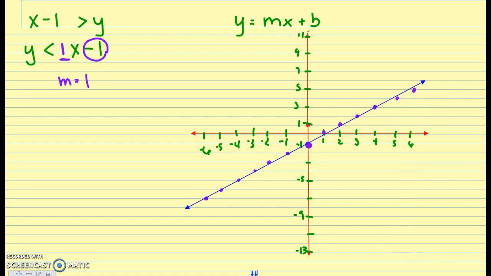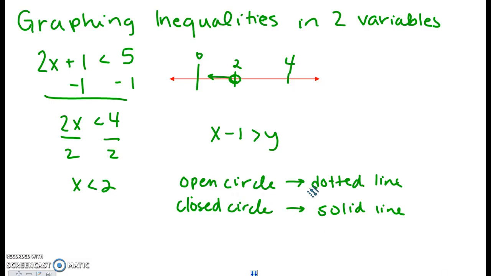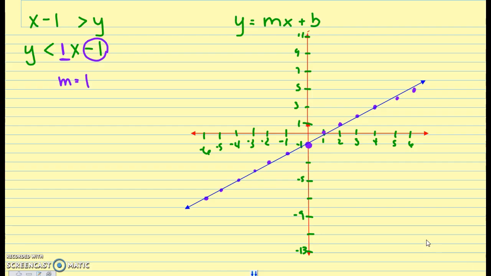And remember on that last slide we said if it had been an open circle, we're now going to use a dotted line. Well, if I was graphing this on a number line, that would be an open circle, right? Because it's less than. So less than or greater than give an open circle. But here I'm not graphing a circle, I'm graphing a whole line with all these points.